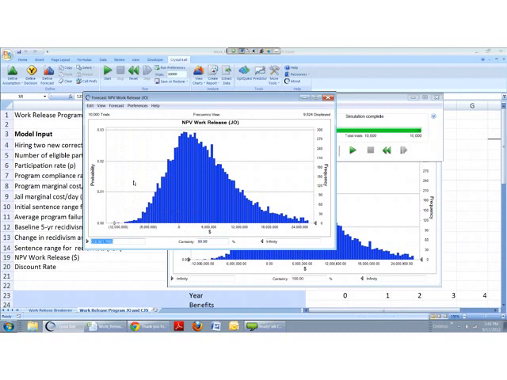And now one piece of information that is useful from a decision-making standpoint is you want to know, is the net present value of your investment going to be positive? And obviously that, in this context, is actually a probability question.